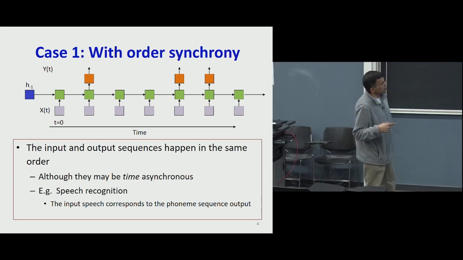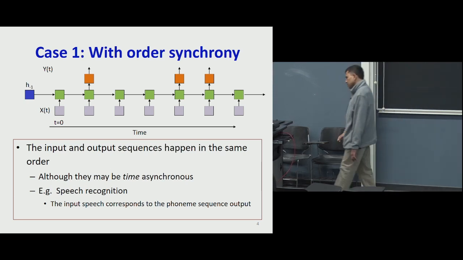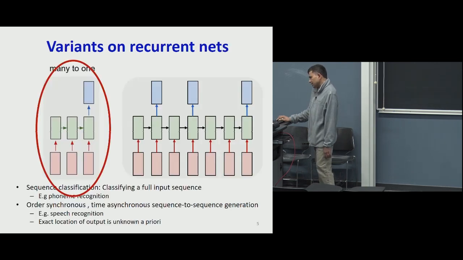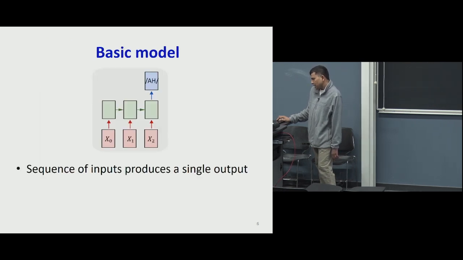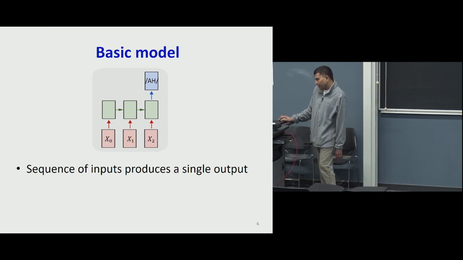Yeah. So this would happen, for instance, in speech recognition. A simple variant of it is this one, where you have a sequence of inputs going in, and a single symbol coming out. We saw this. So a sequence of speech vectors goes in, and a single classification output comes out.